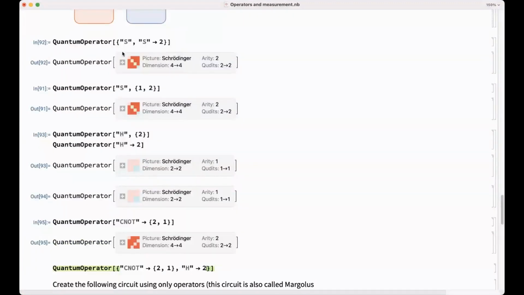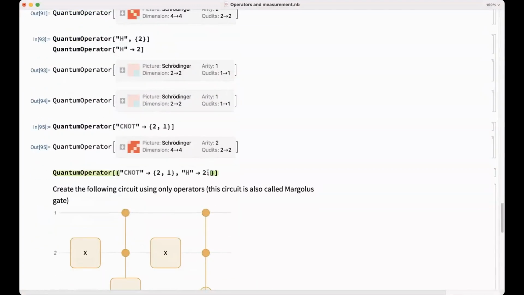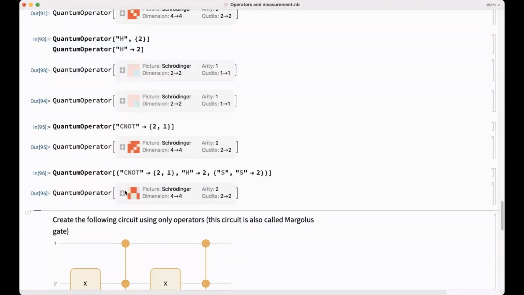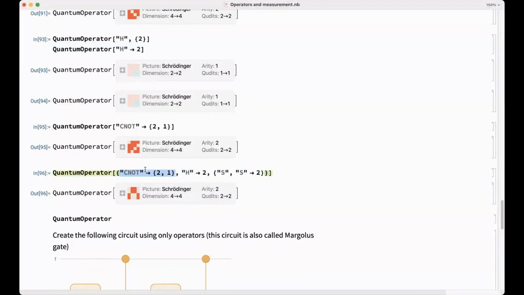Composition has a very definite meaning in Mathematica. I just want to show whether it works or not. As a composition, we run this one, and then this one, Hadamard on the second one, and the last one.